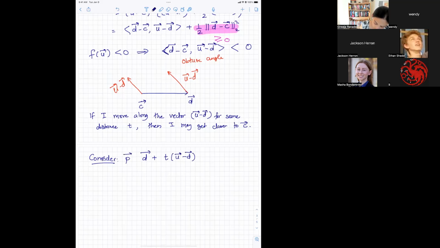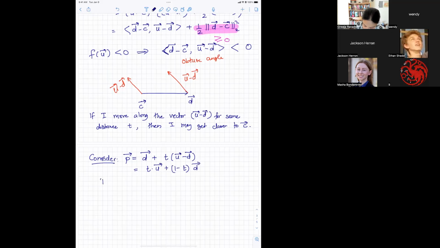Let's call this point P. So this point P I can further write as t times u plus 1 minus t times d, right? Does everyone see this? This is just a rearrangement.